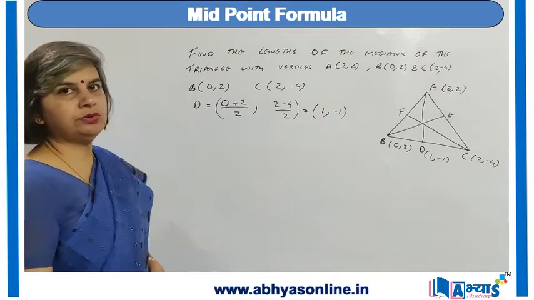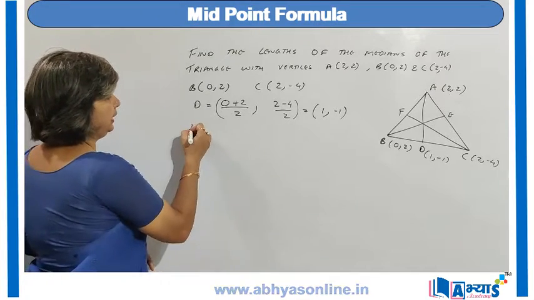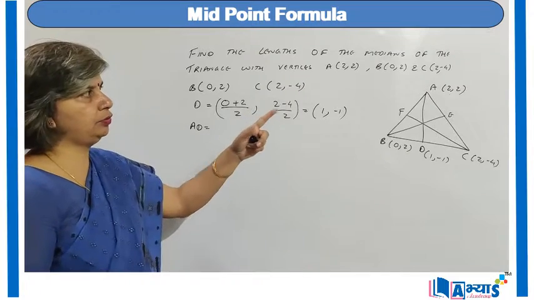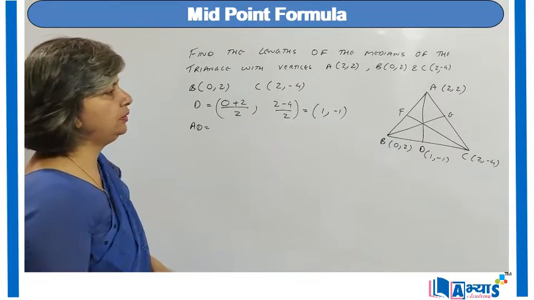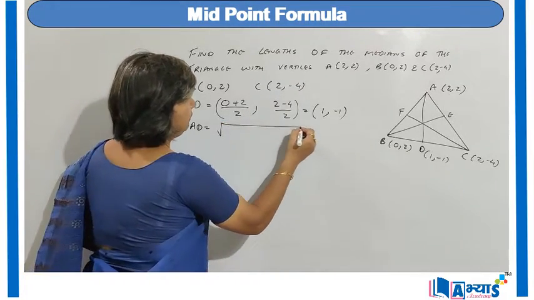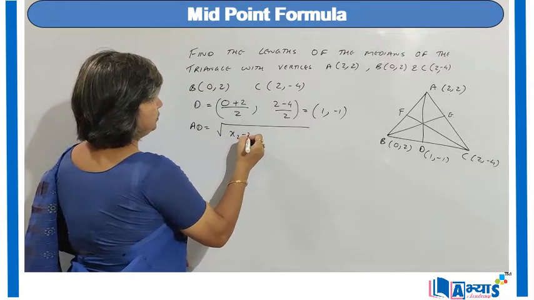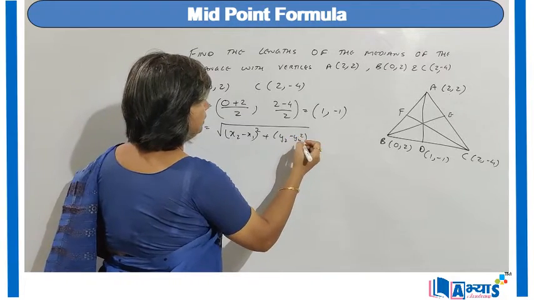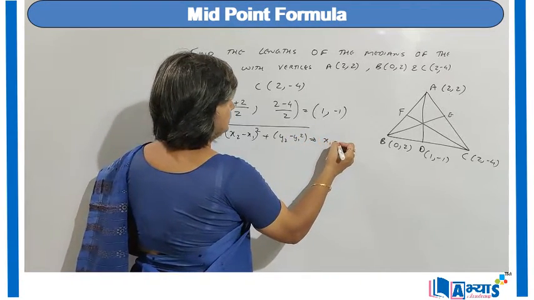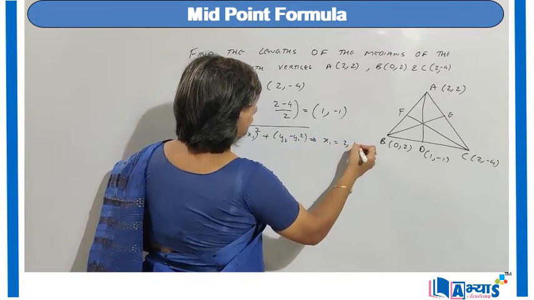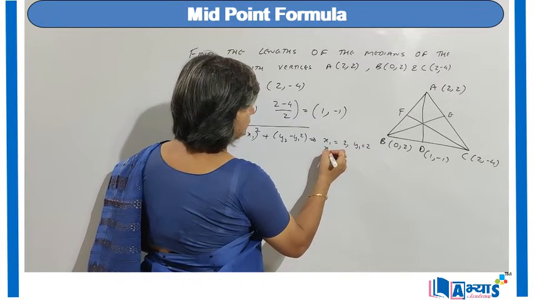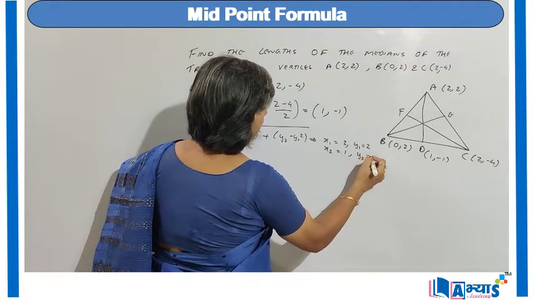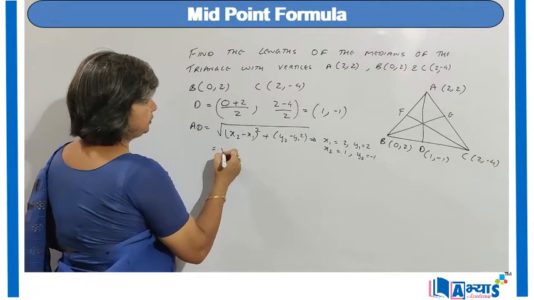Now if we are supposed to find the length of AD, we will use the distance formula, in which the coordinates of A are 2, 2 and D is 1, minus 1. So we will use the distance formula, root of x2 minus x1 whole square plus y2 minus y1 whole square, where x1 is equal to 2, y1 is equal to 2, x2 is equal to 1 and y2 is equal to minus 1. So we will substitute these values.